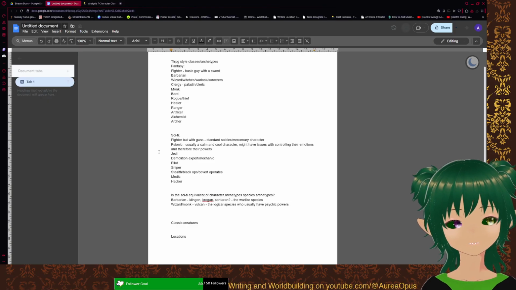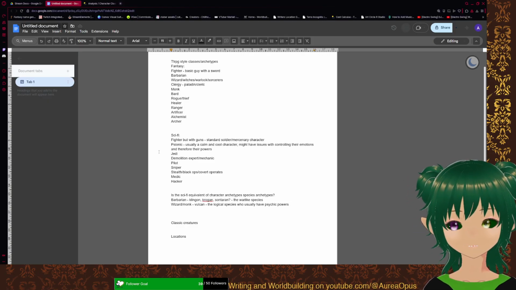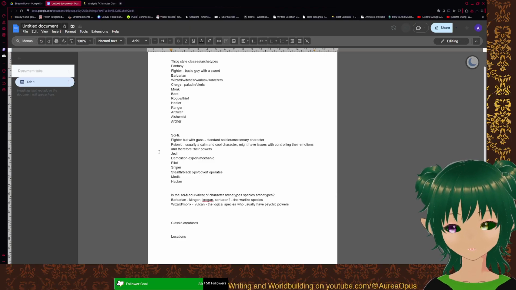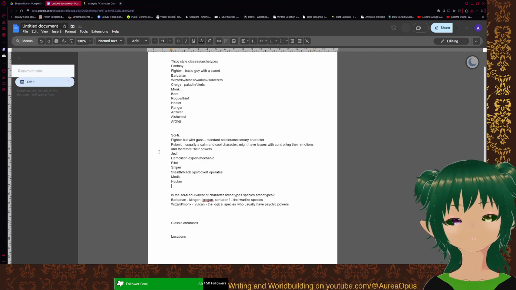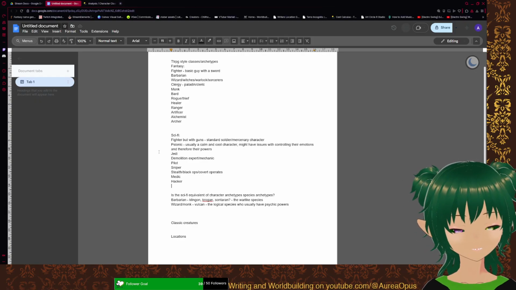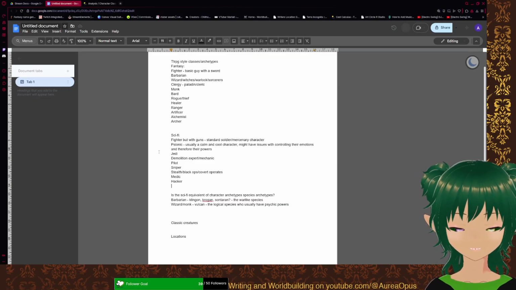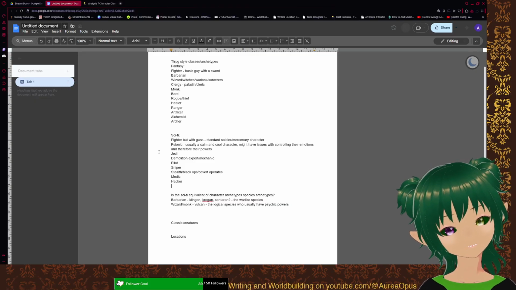In certain sci-fi or cyberpunk settings, a hacker provides a very similar role to a magician, with debuffing enemies and getting access to things that no one else can touch, sort of moving in a space that is inaccessible to the rest of the cast, a world that they don't really exist in.